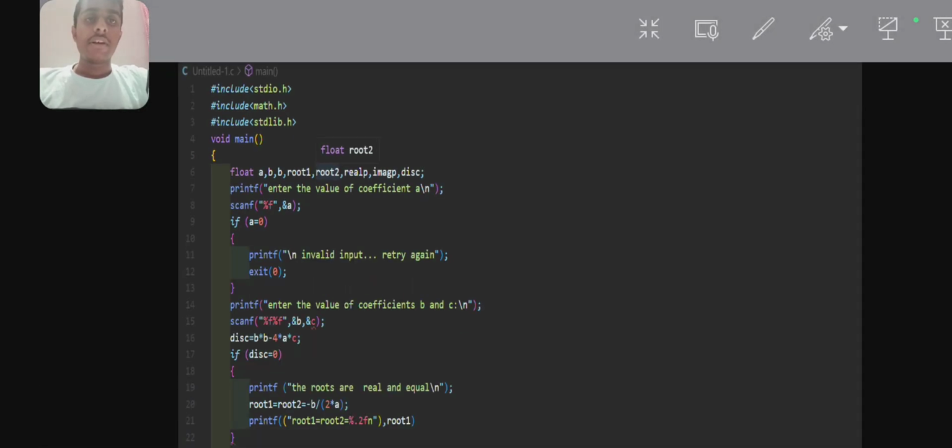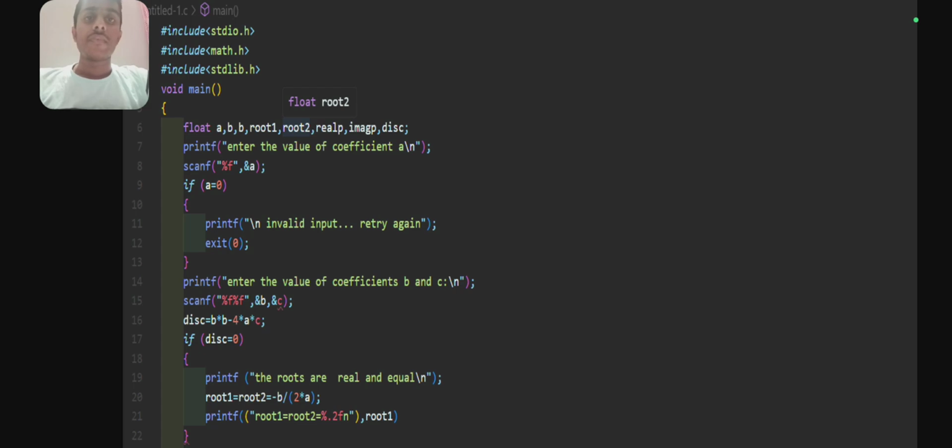Then discriminant is equal to b square minus 4ac. If the discriminant is 0, then print the roots are real and equal. Root1 equal to root2 equal to minus b upon 2 into a, as shown in the previous slides.